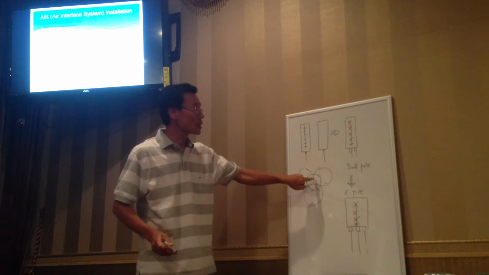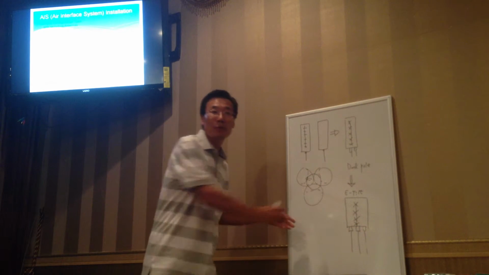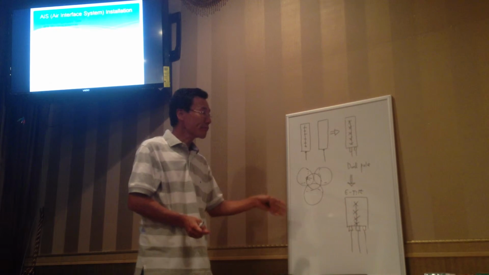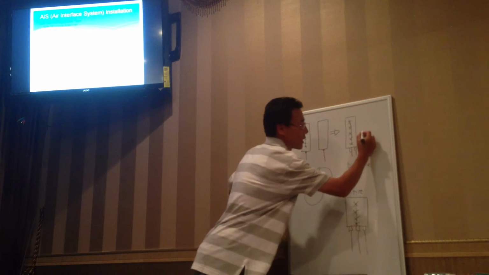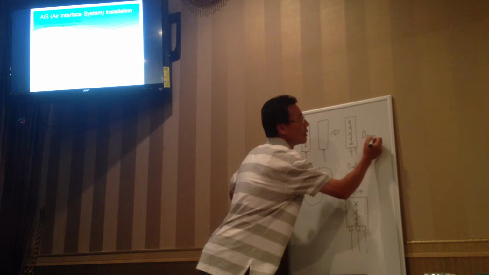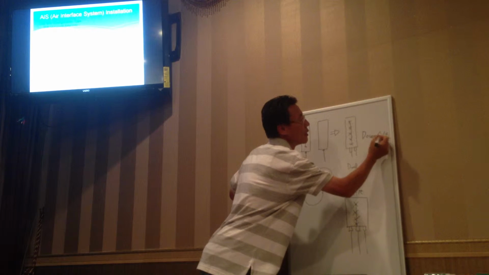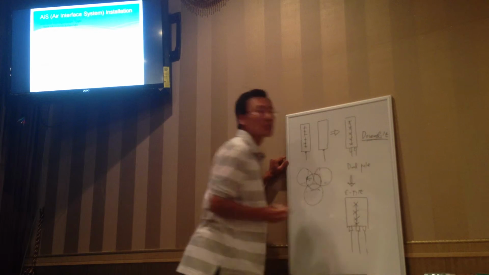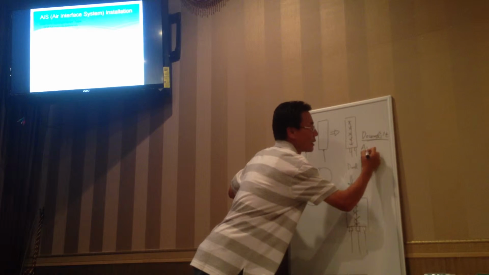In order to do that, there are many ways. They can adjust the power from the base station, right? Another way we call down tilt, down tilt or azimuth steering.